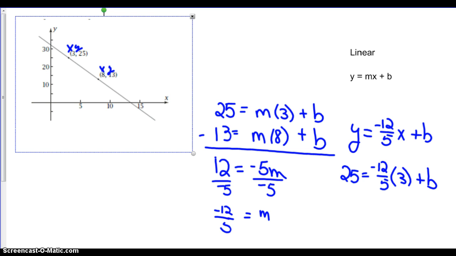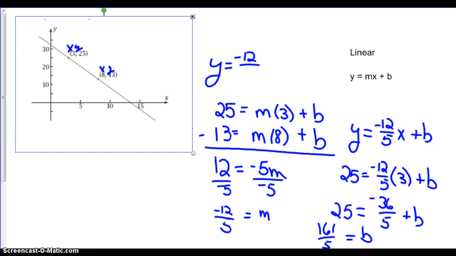So I have, let's see, 12 over 5 times 3. So 36 fifths here, negative 36 fifths. You would add that over, and you get a b value of 161 over 5. So your line is negative 12 fifths x plus 161 over 5.